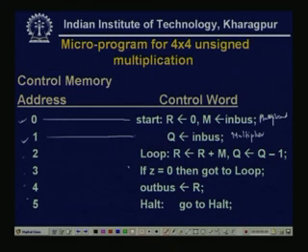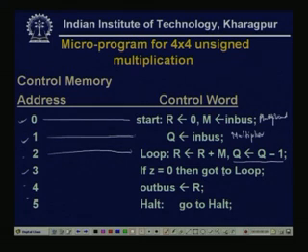Now, at address 2, the operation is R equals R plus M, as it is a repeated addition. We have to check how many additions are there, because I want Q number of additions, as Q is my multiplier. So, every time after each addition the multiplier is decremented by 1, that is Q is Q minus 1. At address 3, if z equal to 0, then go to loop.